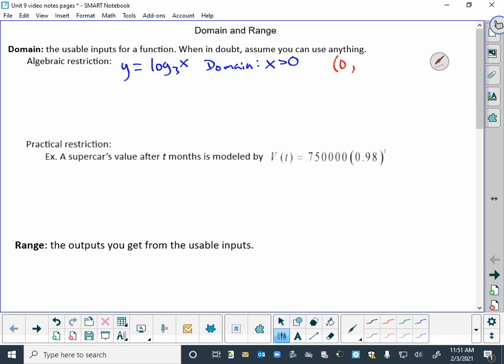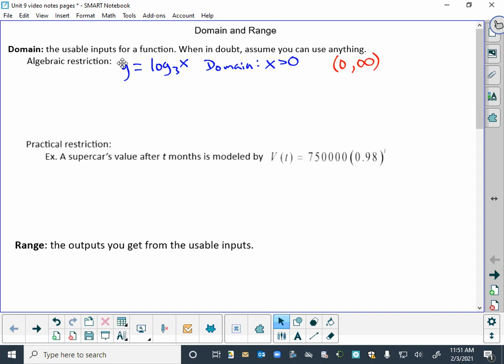We do an open parenthesis, which says that 0 is a boundary point, but I can't use 0 itself. But I can use any number bigger than that, so I can go all the way to infinity. So I can communicate the domain of log base 3 of x this way as well. And that's consistent with what we put in for the parent function.